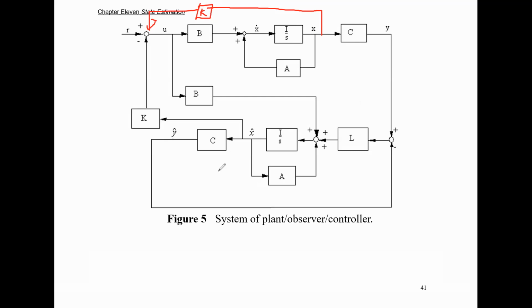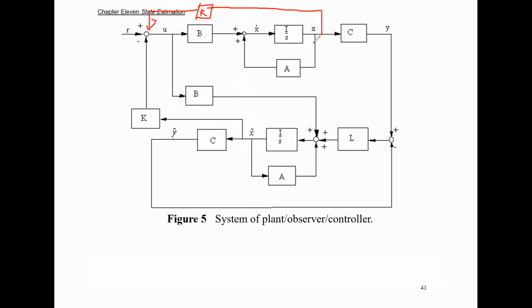That's why we have the observer. This observer has a copy of the original system, but with some feedback from the output. For this observer, x hat is the estimated state, so we use it instead of x.